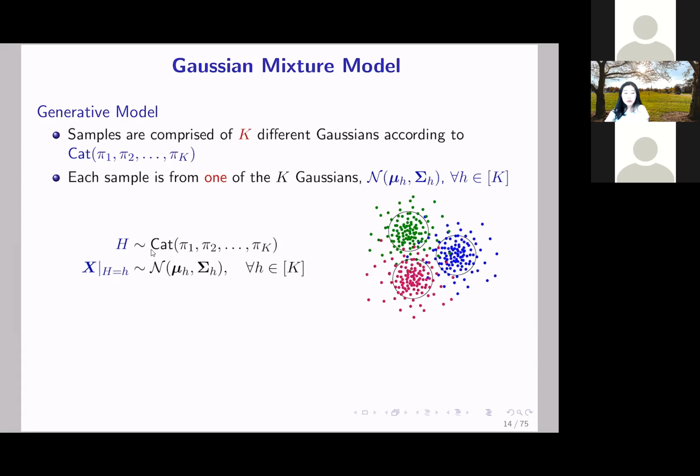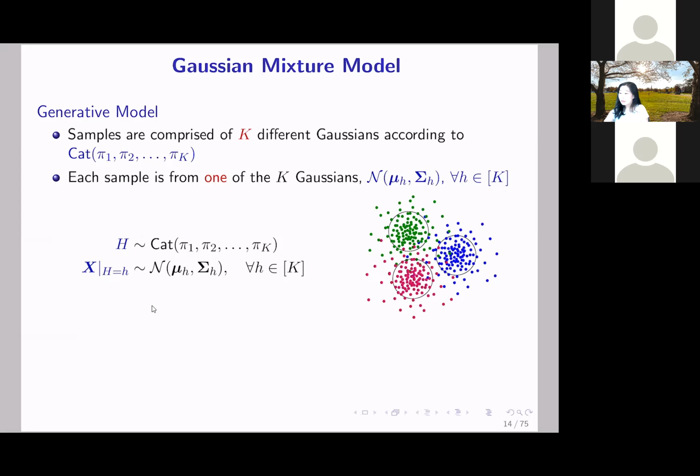Once I generate that from a categorical distribution, I can generate my real example, conditioned on whether I'm pink, green, or blue. Conditional on this color, I generate my example based on the Gaussian distribution. So this is the so-called generative model. I use this two-step process to generate each data example, and I can repeat it m times to get m examples.